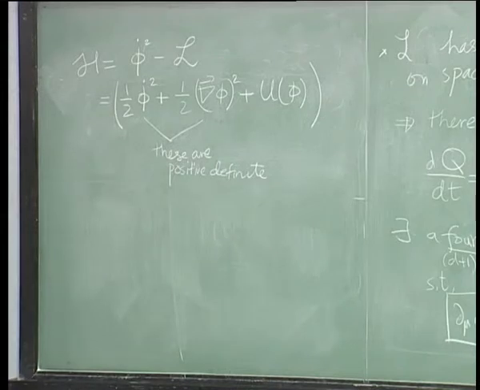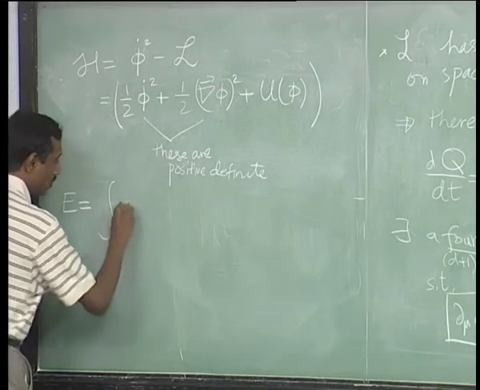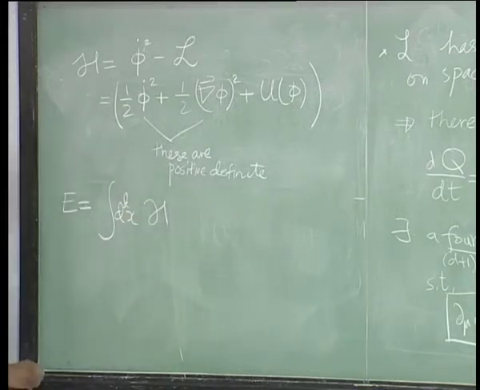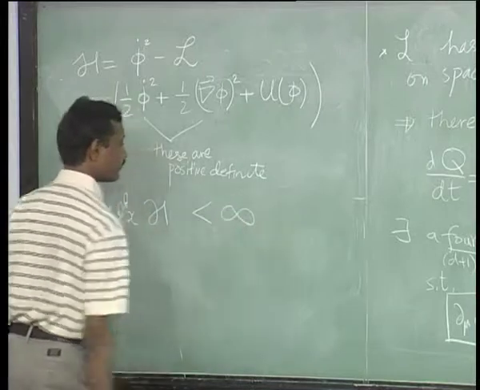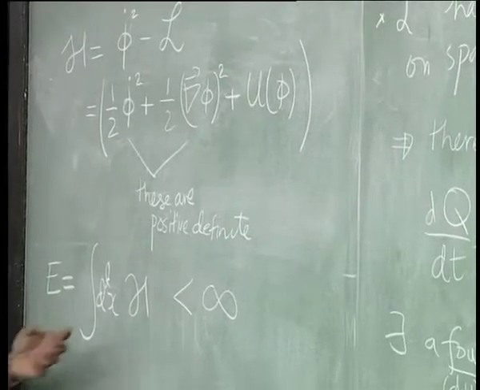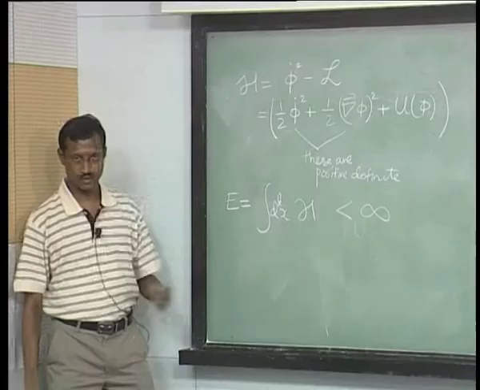So, let us ask for a condition for which the energy, which is the integral over all of space of the Hamiltonian density, should be less than infinity. So, what are the conditions we should have such that it is less than infinity? Okay, the integral over this.